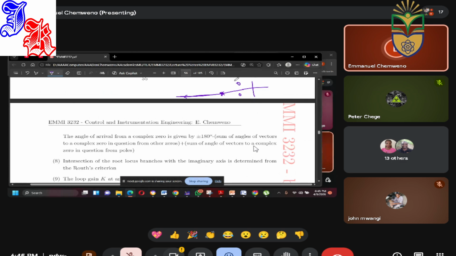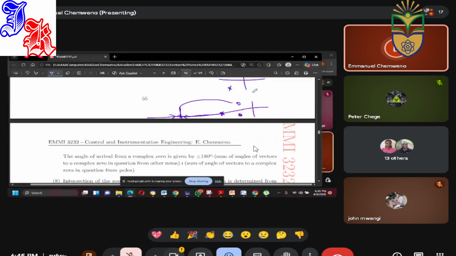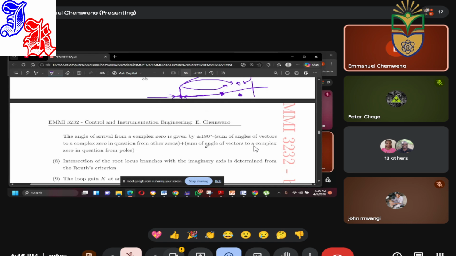One of them will terminate at this point, and another one from infinity will terminate at this. So there'll be one coming from infinity and this one, and somewhere there'll be a break point, where they will break away and then approach this through some angle. Is it through that angle? Is it through this angle? This angle is known as the angle of arrival.